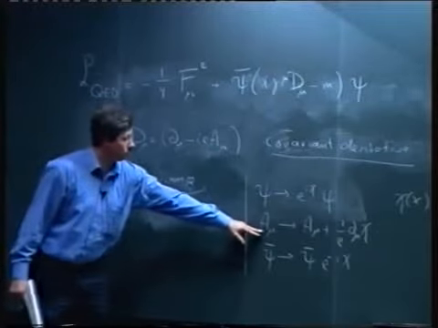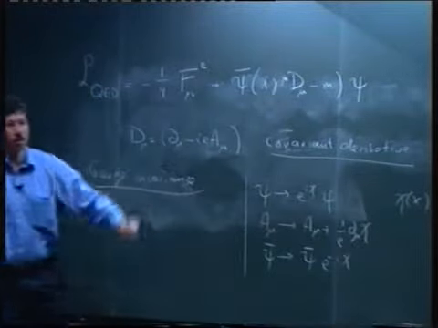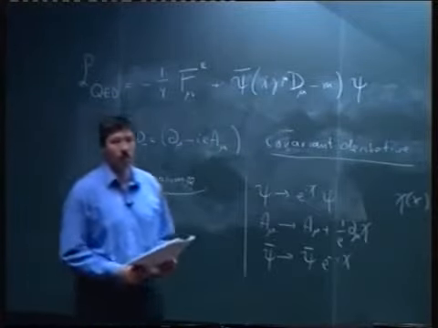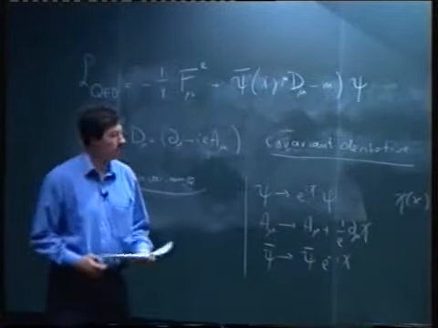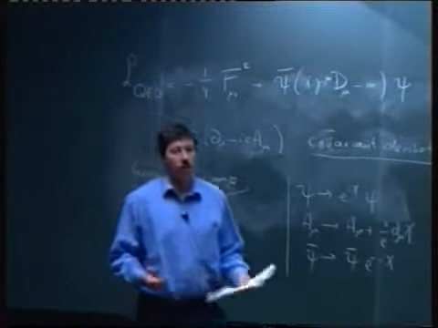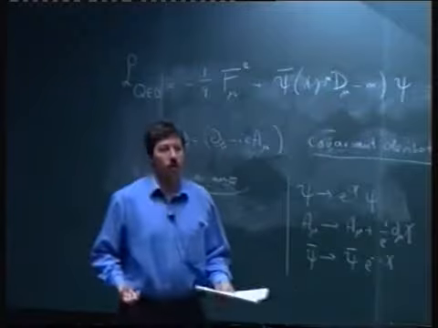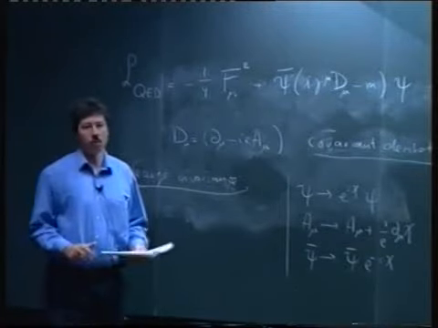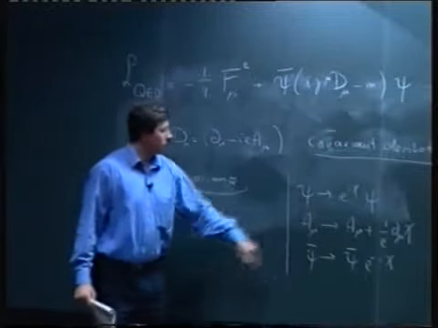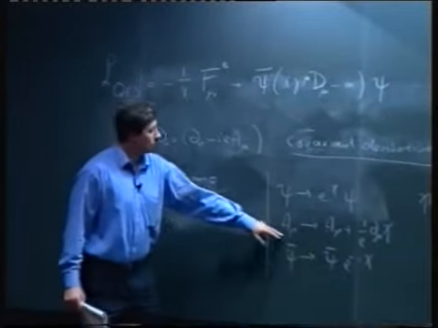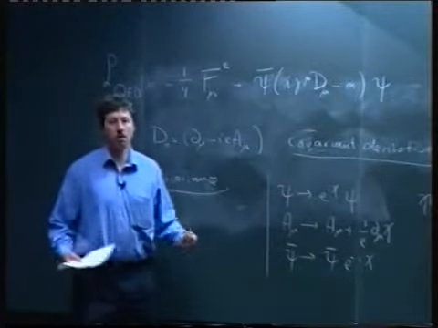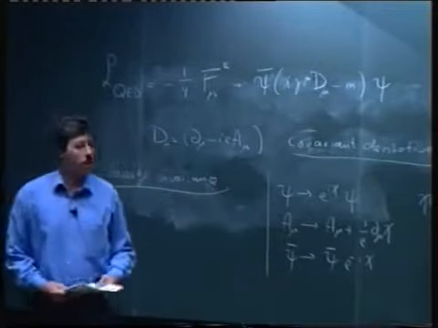This is a 4-component vector field, but there are only 2 independent components of a photon. A photon has 2 polarization states, helicity +1 and helicity -1. Those 2 degrees of freedom of the photon should be contained in this field A mu, and the fact that we have a 4-component field tells us that we have a redundancy in the way that we describe the photon.